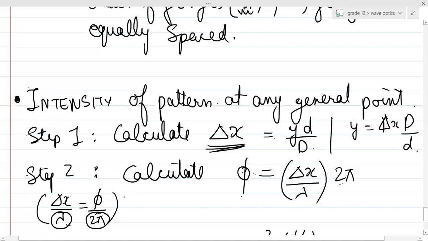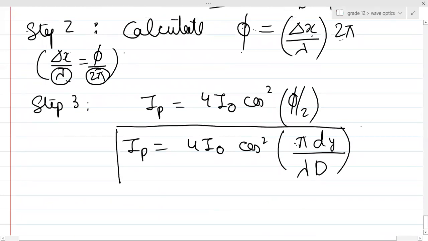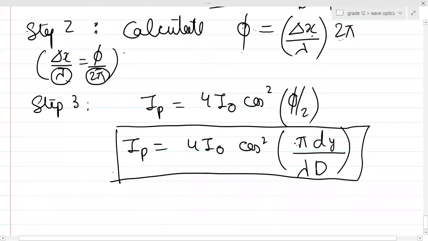So I can write delta x like this, put it over here, and the final formula will look like pi small d into y upon lambda into D. This can also be a formula if you want to relate things. Is it clear, guys? Young's double slit experiment.